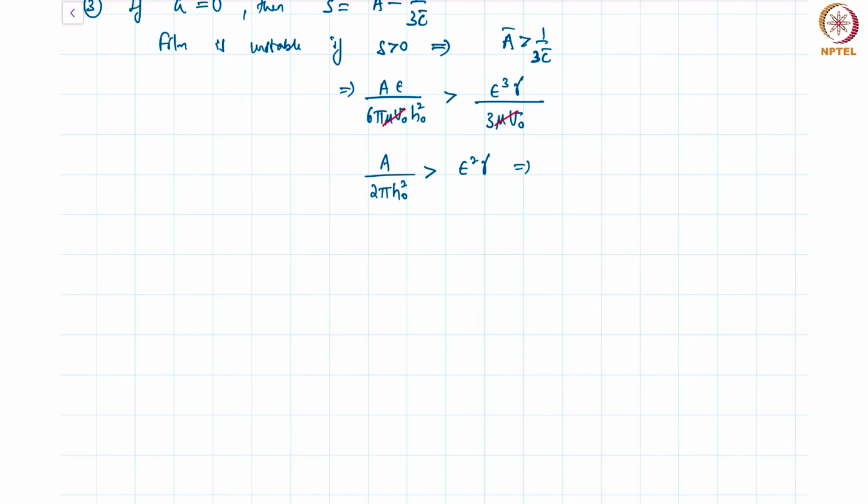Or in other words, A by 2 pi h naught square is greater than epsilon square, which, remember, was nothing but h0 square by L square, but we've taken L to be the wavelength of the instability itself, that is lambda square gamma. So this is only valid when wavelength is large compared to the thickness of the thin film.